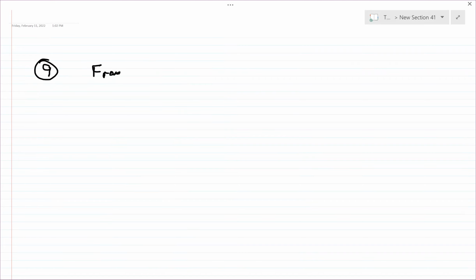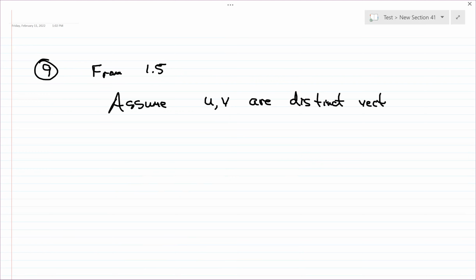Again, 1.5. Okay. So 9 is a dagger, so it means we're going to use it in the future. Let U and V be distinct vectors in a vector space. So we assume U and V are distinct vectors in capital V, that's a vector space.